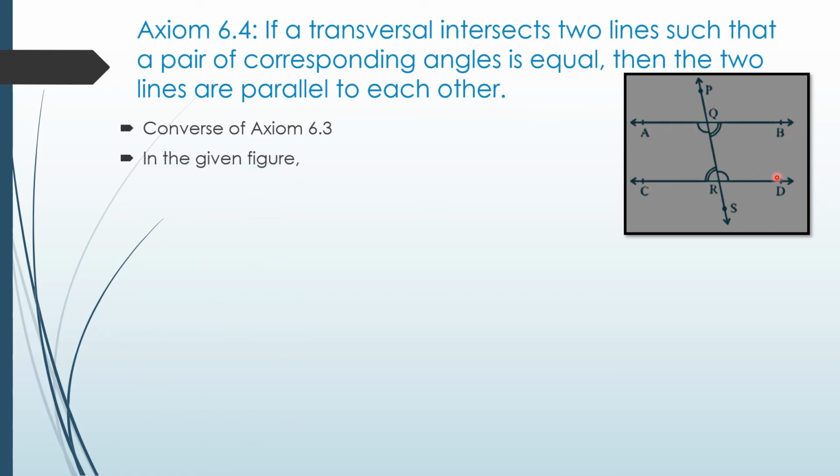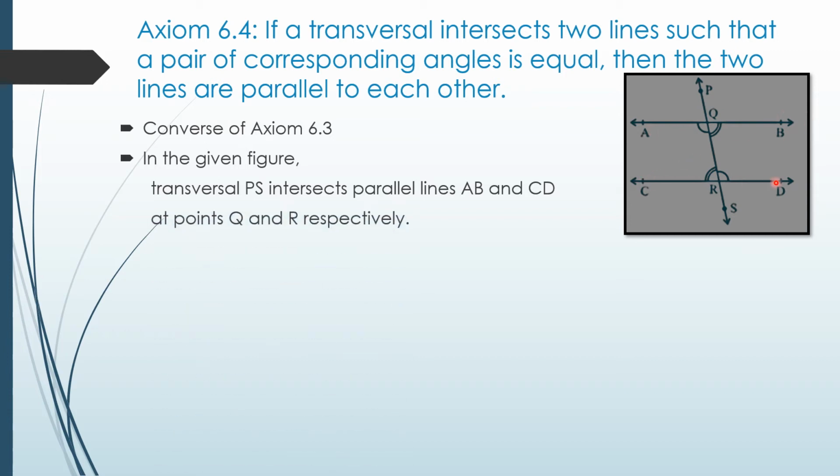In the given figure, you can clearly see that line PS is a transversal of line AB and line CD and it intersects at Q and R respectively. Now, according to the corresponding angle axiom, angle PQA and angle QRC would be equal.